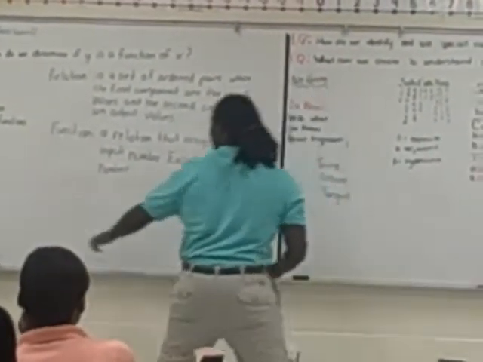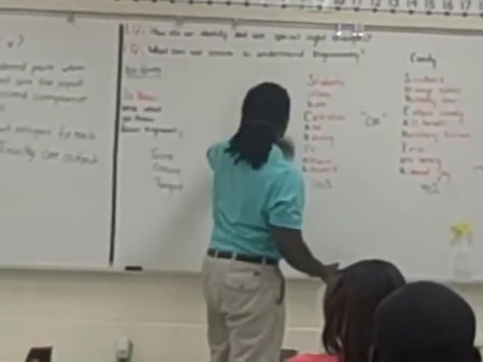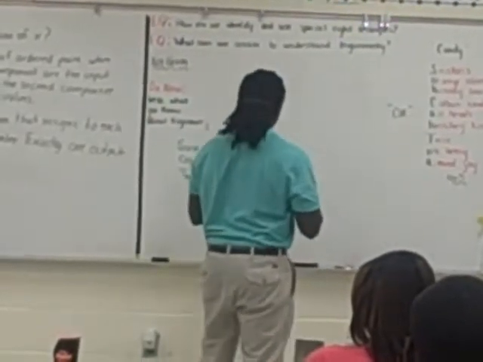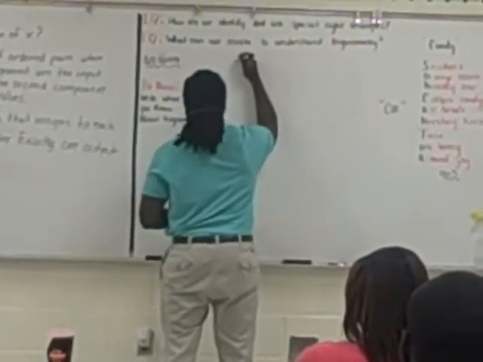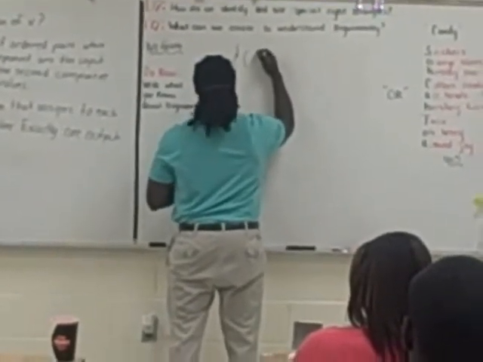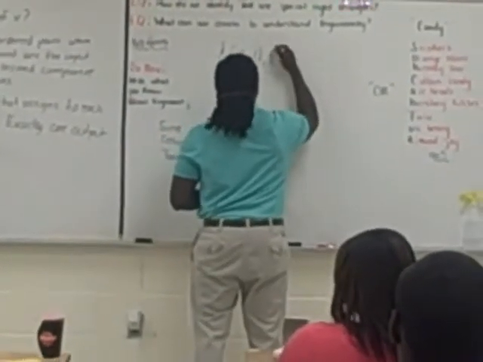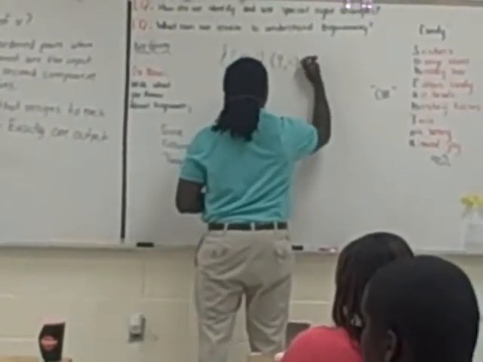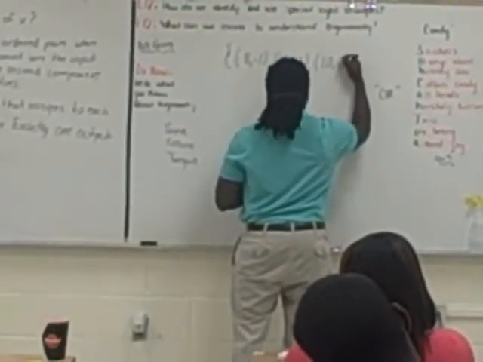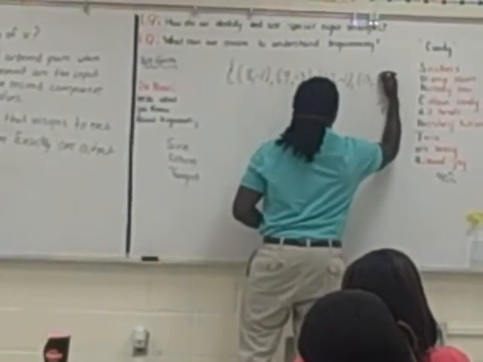Quick example of that. If I had the set of ordered pairs 8 and -1, 9 and -3, 10 and -1, and 13 and 5.